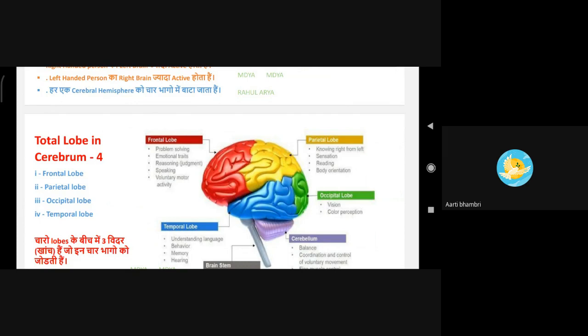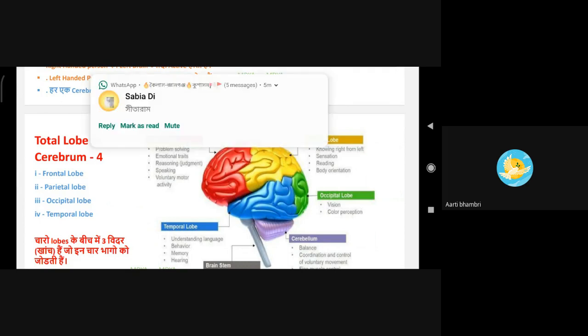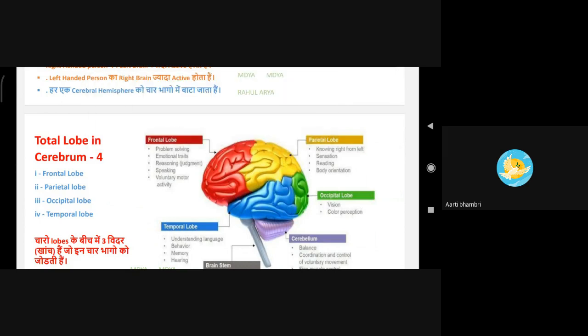So the lobes of the brain are also named after these bones. The frontal bone is covering the frontal lobe, the parietal bone is covering the parietal lobe, the temporal bone is covering the temporal lobe, and the occipital bone is covering the occipital lobe.